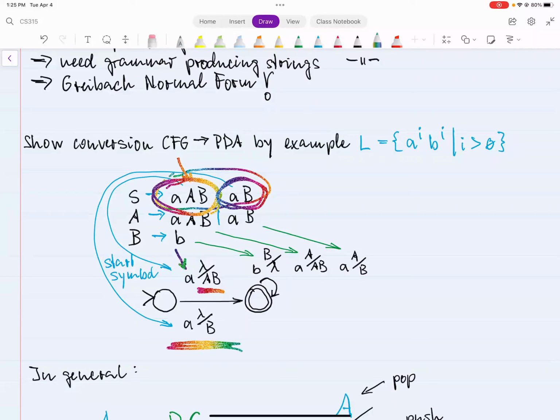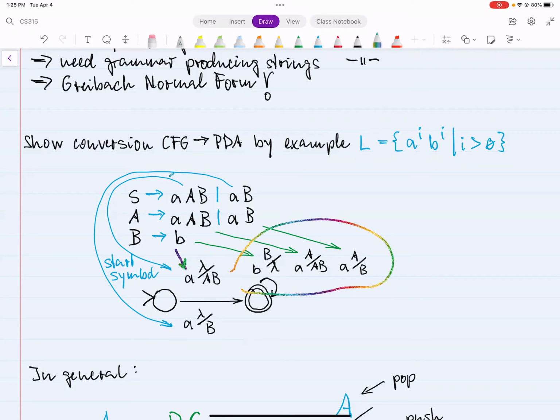This is what we do here. All righty. So all of the other rules are being translated here.